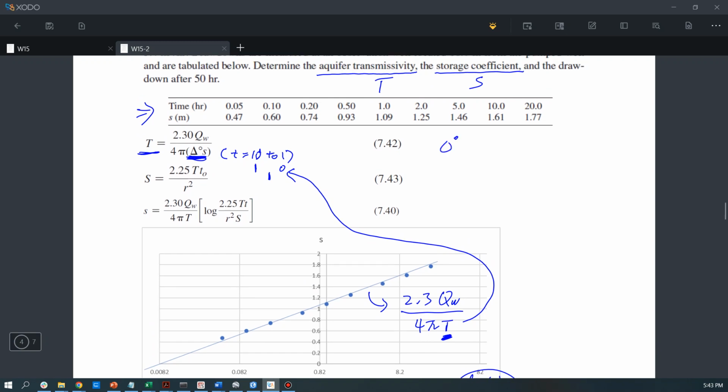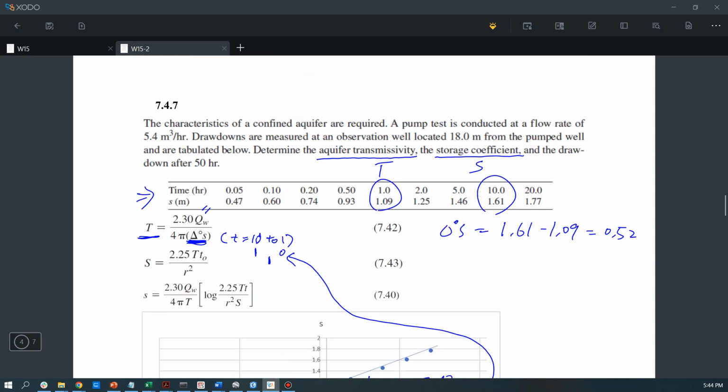So the delta drawdown between t equal to 10 and 1, which is this and this, that's 1.61 minus 1.09, which is equal to 0.52. And the Q here is given by the problem, 5.4.